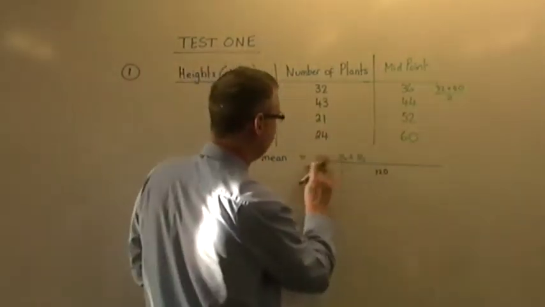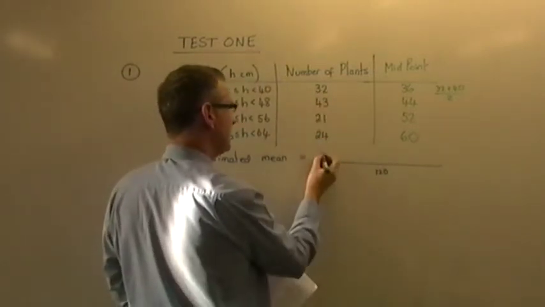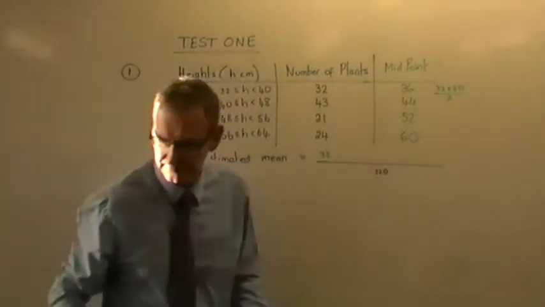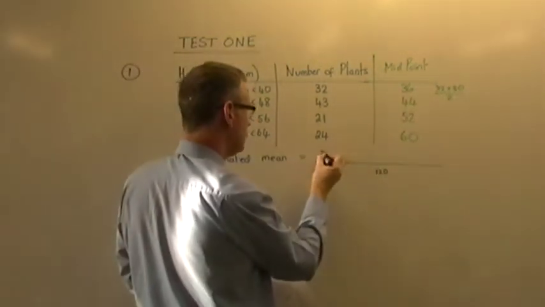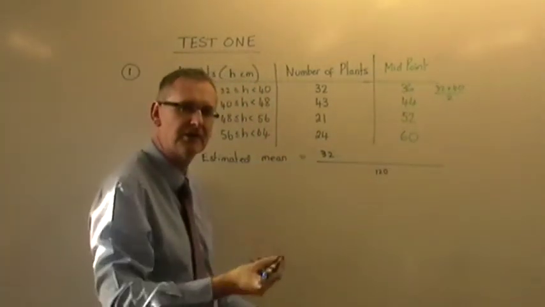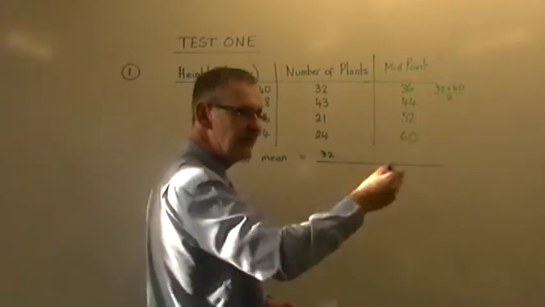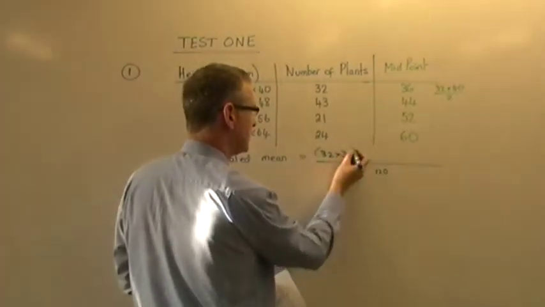Much more efficient would be to say I have got 32 plants, and each of them is 36 centimetres high, approximately. So if I wanted to add them all together, I just have 32 lots of 36 to work out.